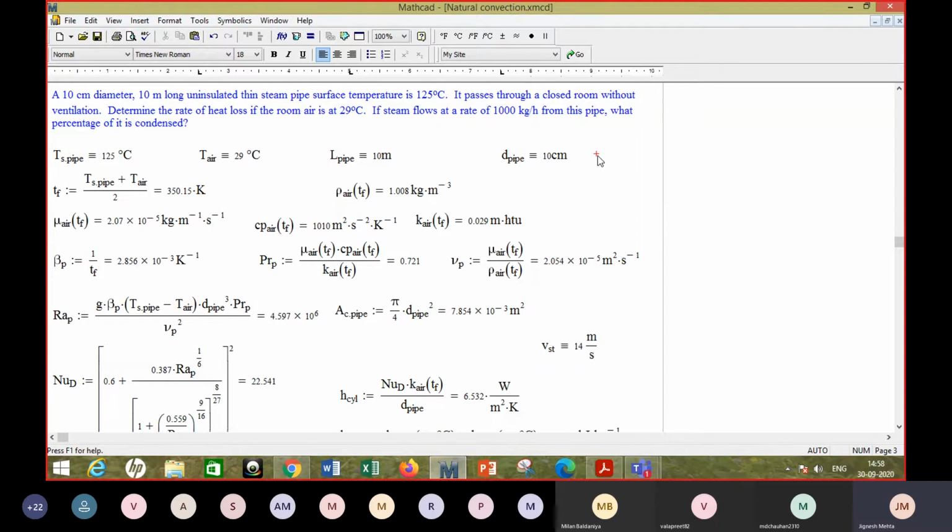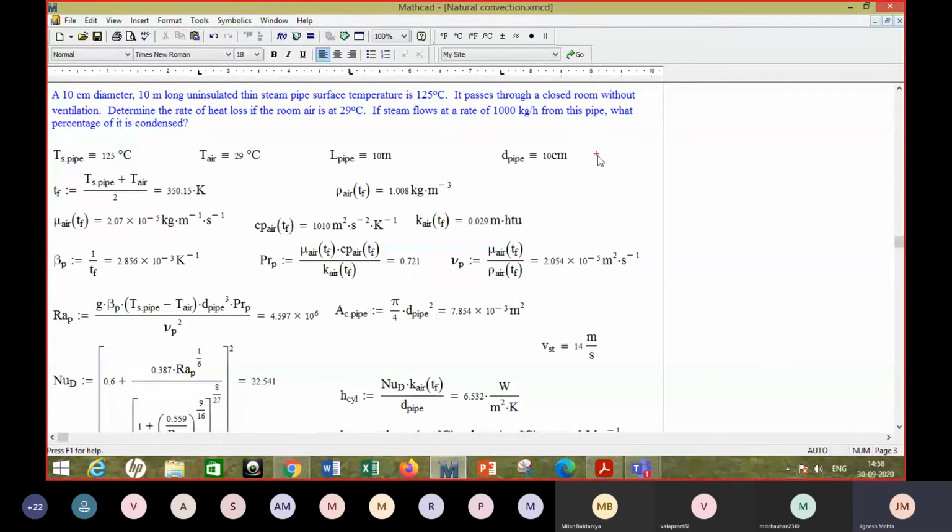So at the mean film temperature, which is (125 + 29)/2 degrees Celsius, or if you write it in Kelvin, it should be 350 Kelvin. Now at this temperature, the properties of air are found. So you can solve this example again using the property tables. If you are able to check the things quickly now, you can even do that.